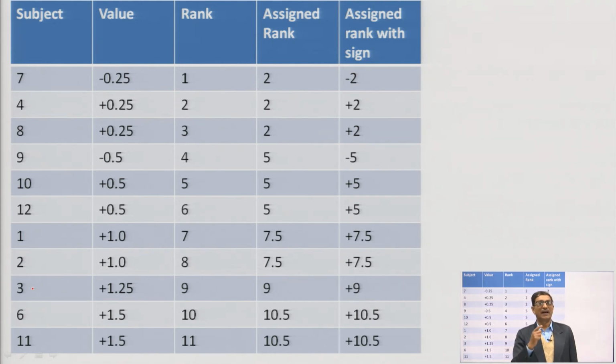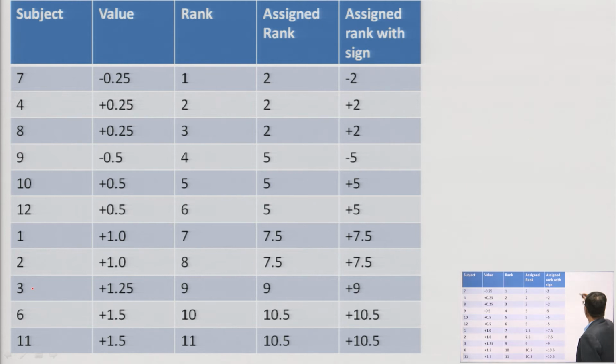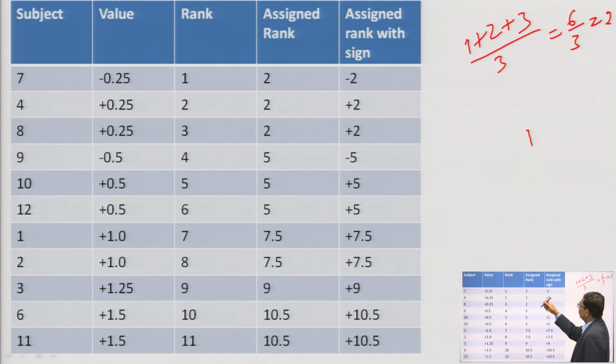So here ranks are tied. When ranks are tied we find the average rank. The average rank is 1 plus 2 plus 3 divided by 3, which is 6 by 3, equal to 2. So the assigned rank for these 3 values is 2, 2 and 2.